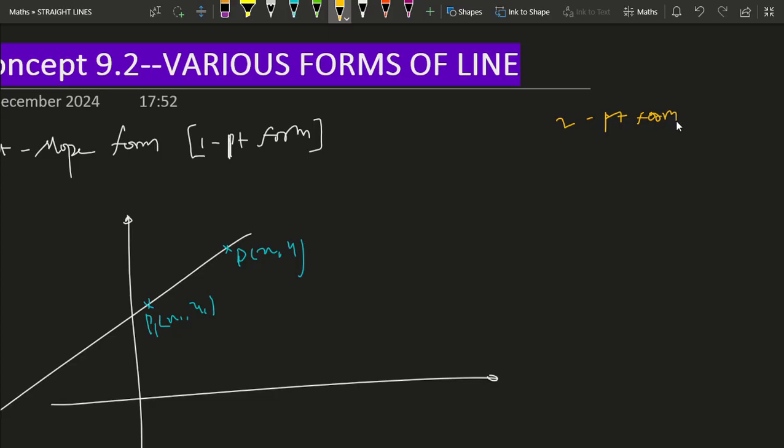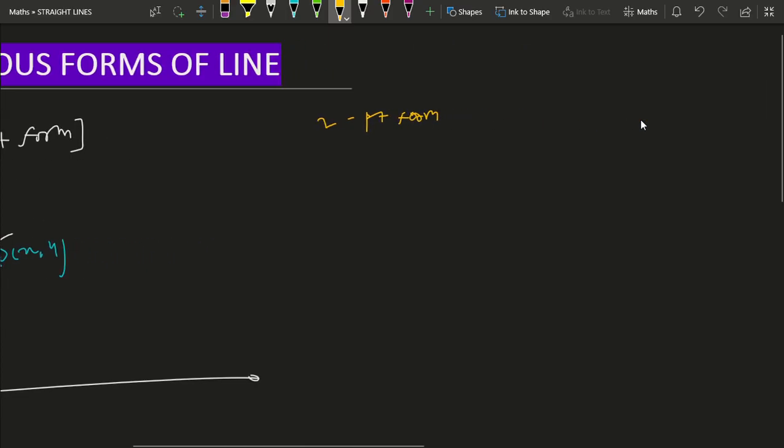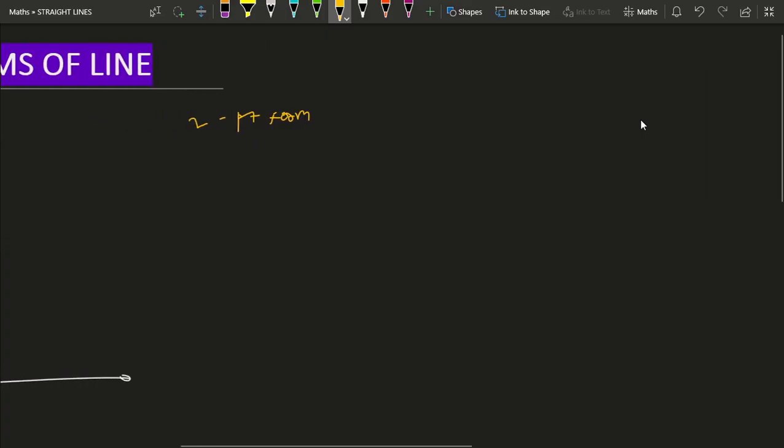What is two point form? How can I derive it? I already said three points are required.